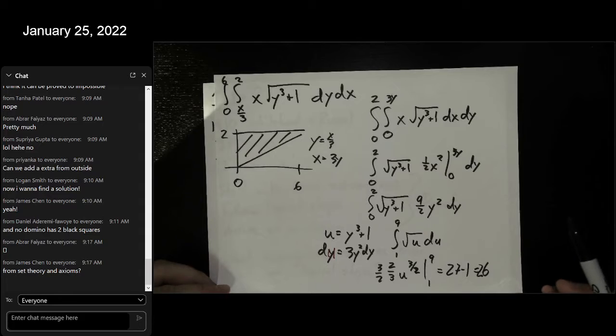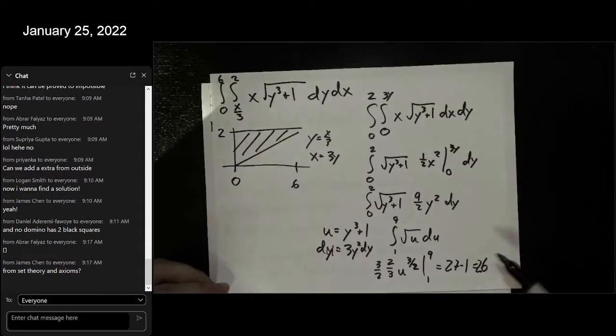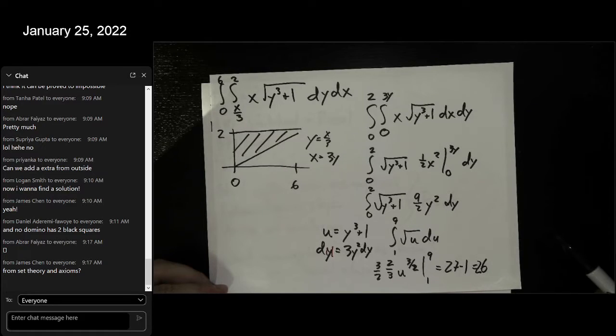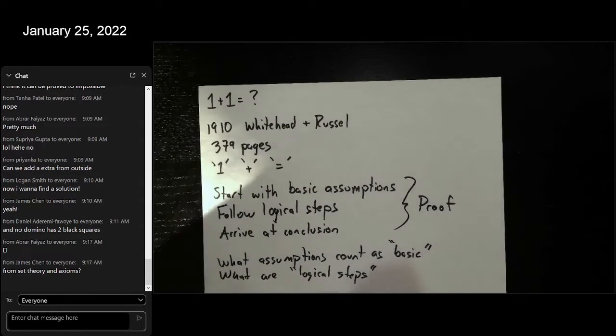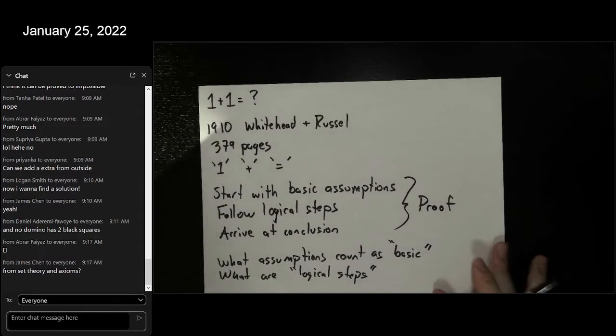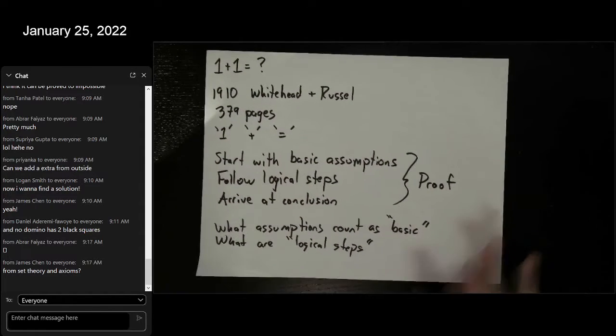I agree with you. But if I show it to a 1240 student, they go, I don't know what's going on. I don't know if you're right or wrong. You could have made a mistake somewhere and I wouldn't know. So what counts as a basic assumption, what counts as logical steps, that depends on the reader and the writer.